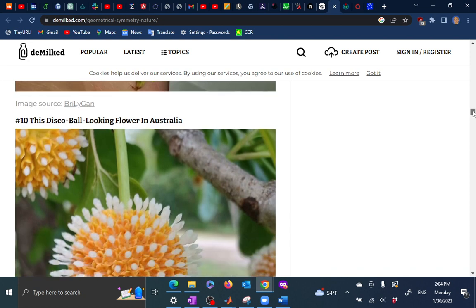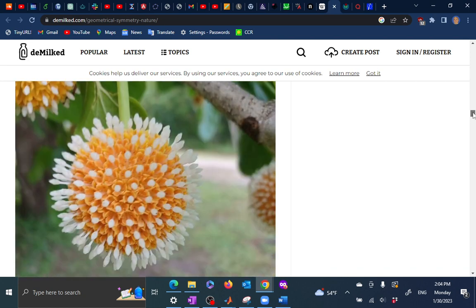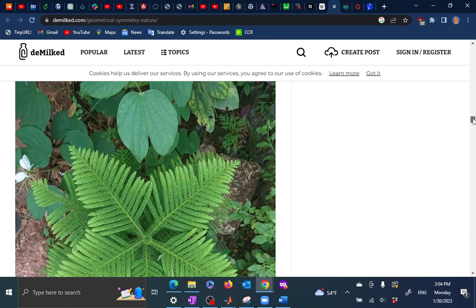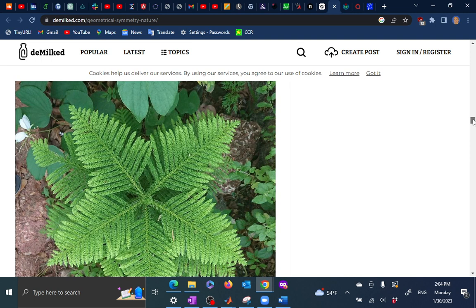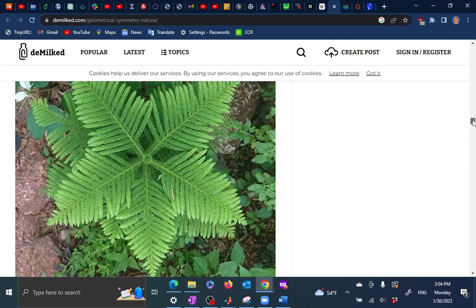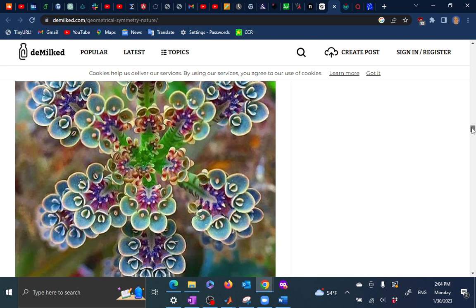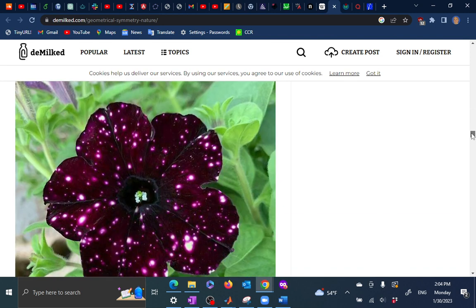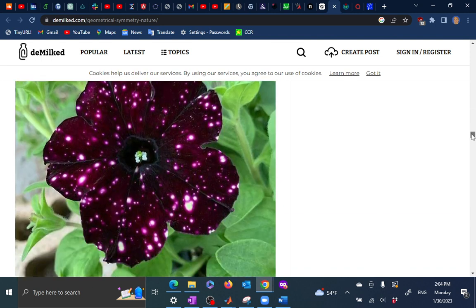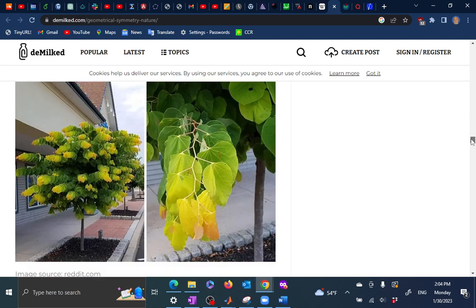Just quickly going over this collection of pictures, you look at, this is so-called pentagonal symmetry. Very interesting. This is a hexagonal symmetry. This is a pentagonal symmetry again, and so on.